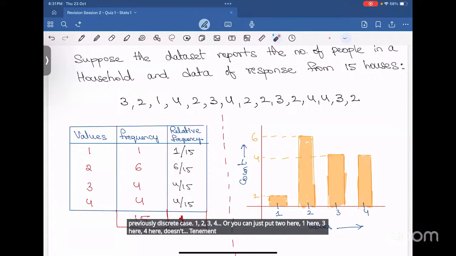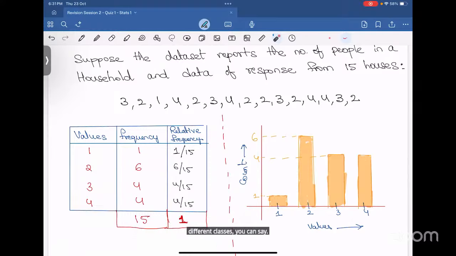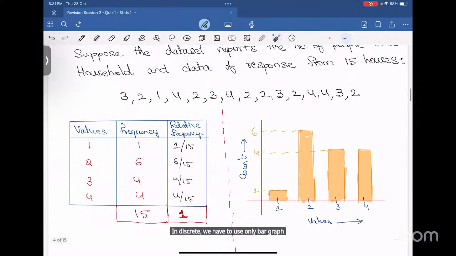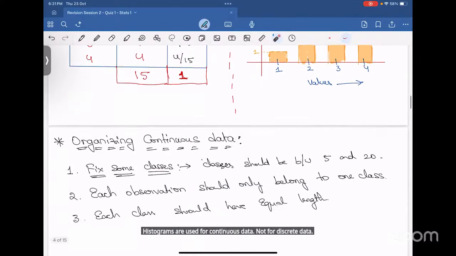They are just discrete values and they are just different classes, you can say. Sir, for discrete data, do we have to use only a bar graph, or can we use a histogram also? Yeah, that is what I am saying from the start. Histograms are used for continuous data, not for discrete data. Okay.